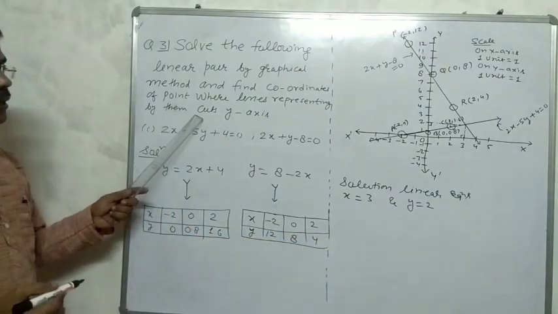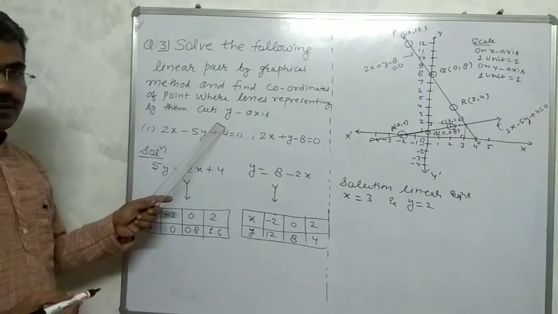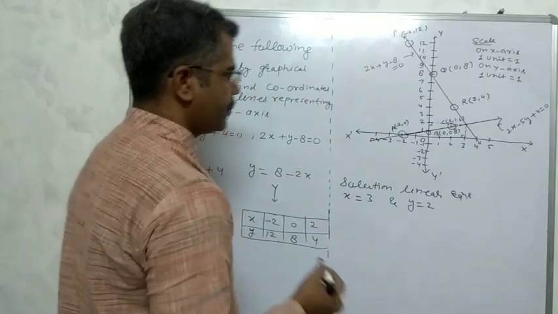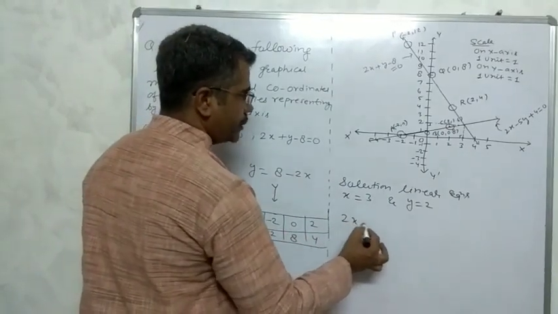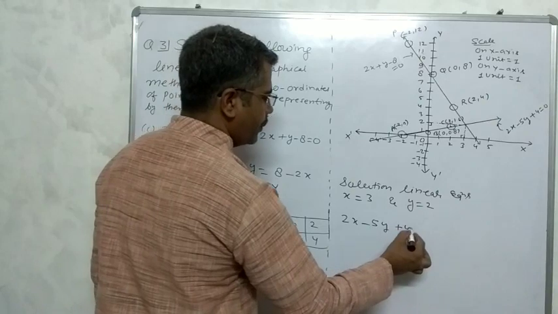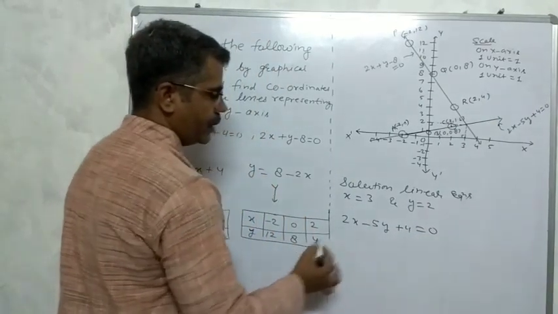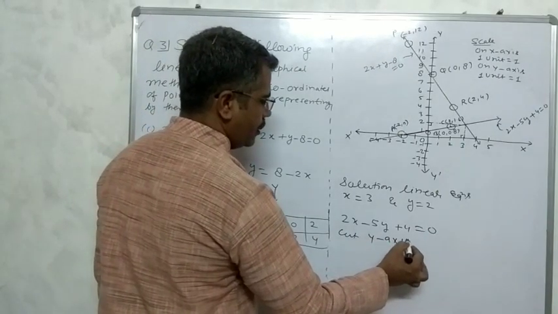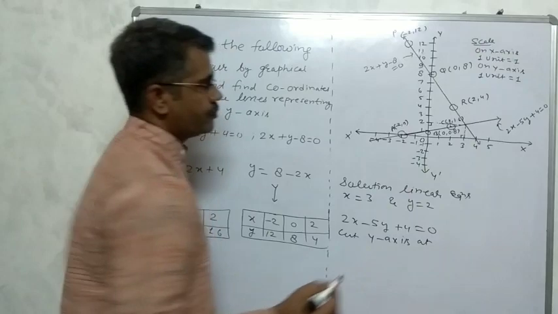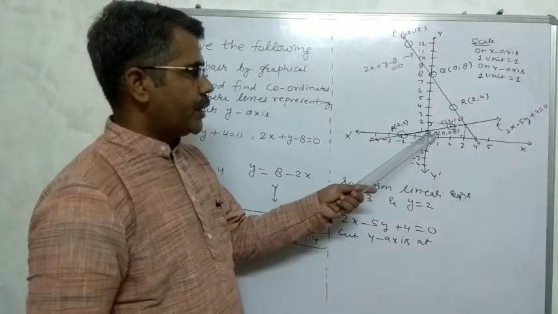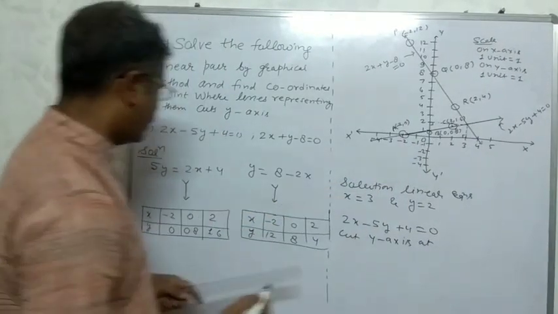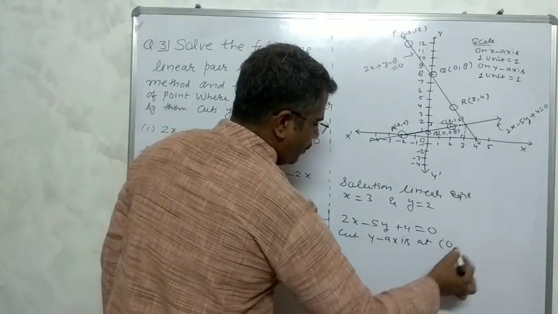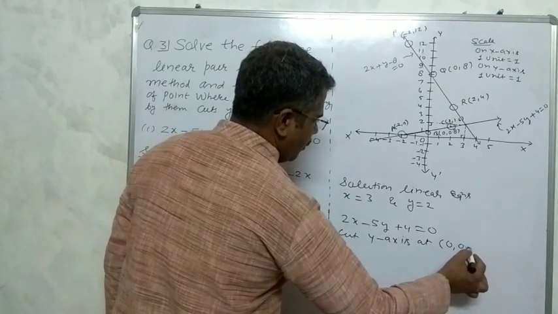We find where the lines cut the y-axis. The line 2x minus 5y plus 4 equals to 0 cuts the y-axis at this point, and this point is 0, 0.8.